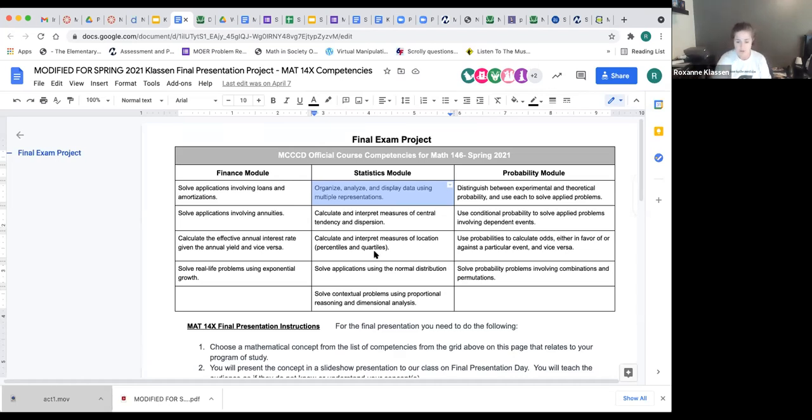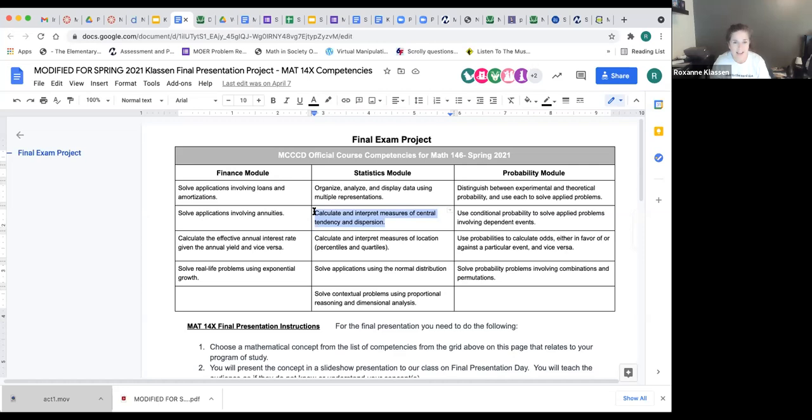Okay. Some of you might be addressing more than one. For example, I was looking at Ruki's, which was outstanding, by the way, and Ruki has some graphs on there, so she might include that one. But she also has calculate and interpret measures of central tendency, because she talks about the mean and the median.